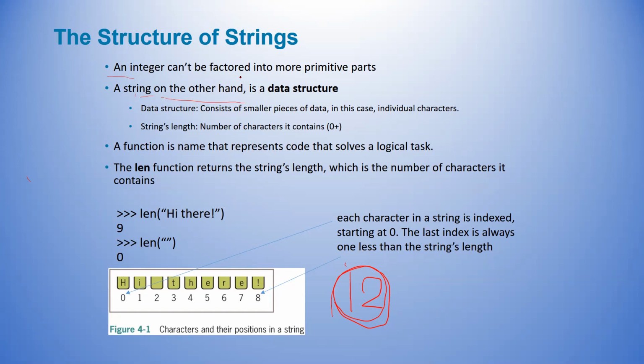An integer can't be factored into more primitive parts. A string, on the other hand, is a data structure, and it contains smaller pieces of data, and in this case, individual characters. So a string is different from an int, a boolean, a double, etc.